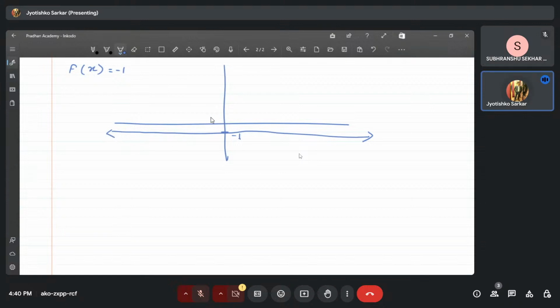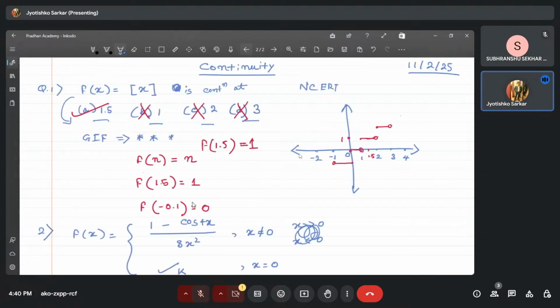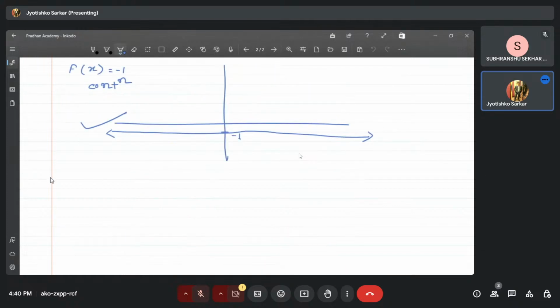So this is a constant function, and we know that constant functions are continuous, as you can see in the graph. So our correct option will be for all x belongs to R, Option A.